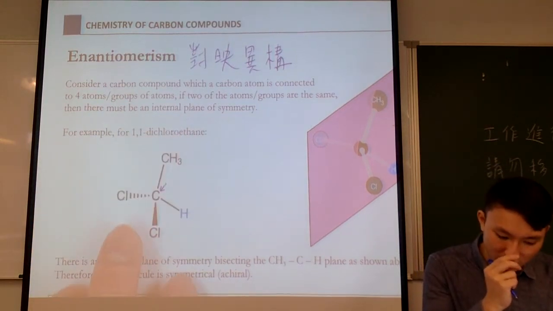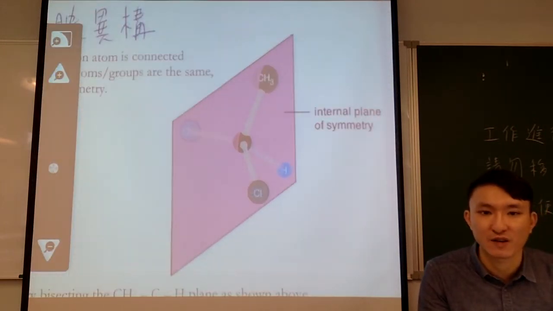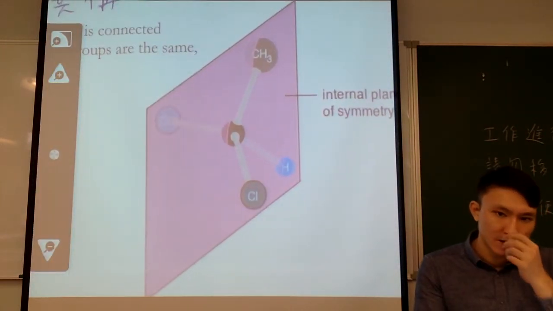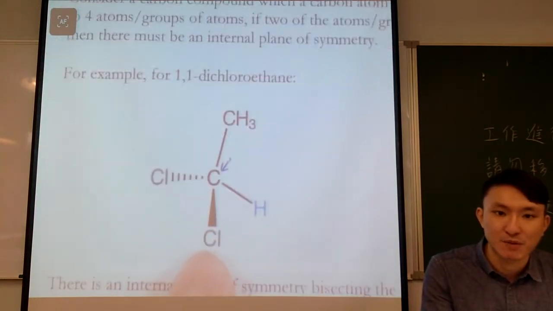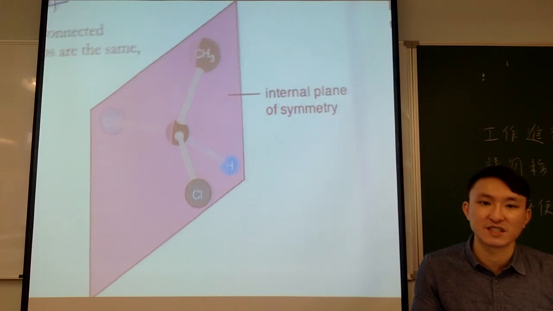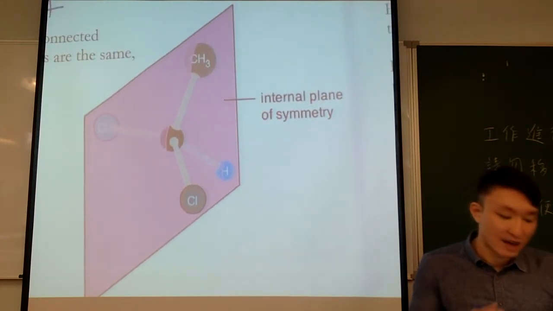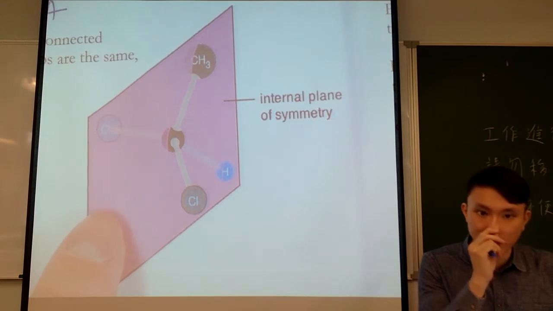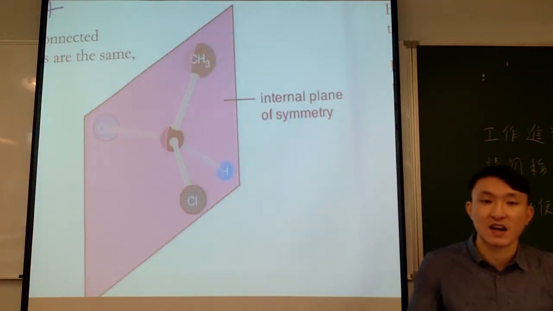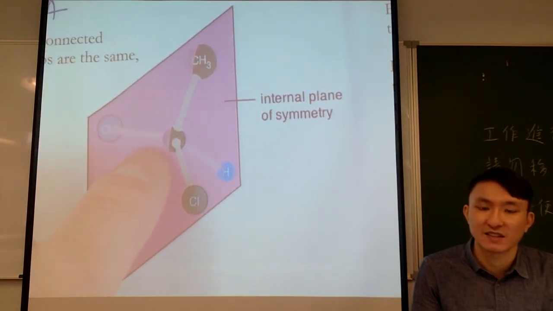Now, what do you mean by internal plane of symmetry? Hopefully this diagram can give you a more authentic idea. This one is essentially the same, but I put it in a more 3-dimensional ball and stick diagram. So you notice, if we try to look for a plane of symmetry, you can follow this pink layer bisecting the CH3 and the carbon bond.